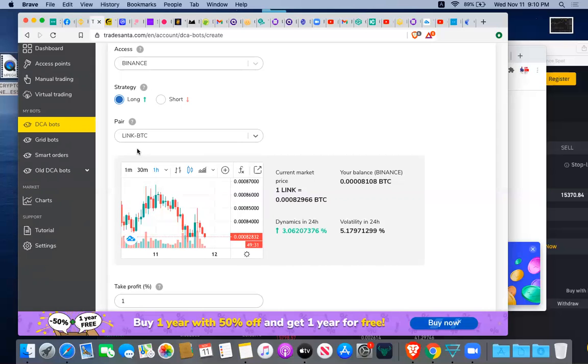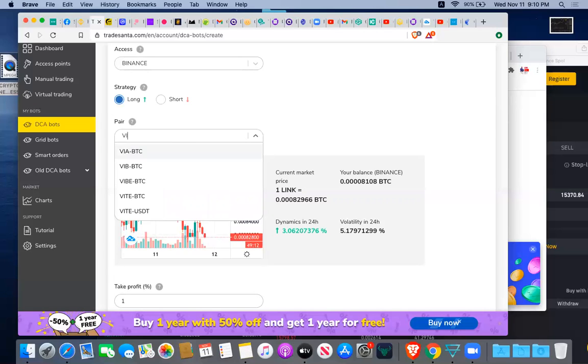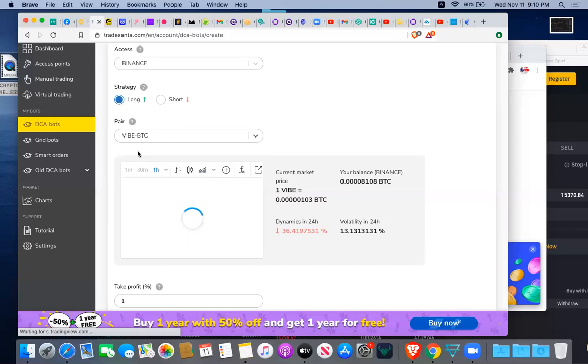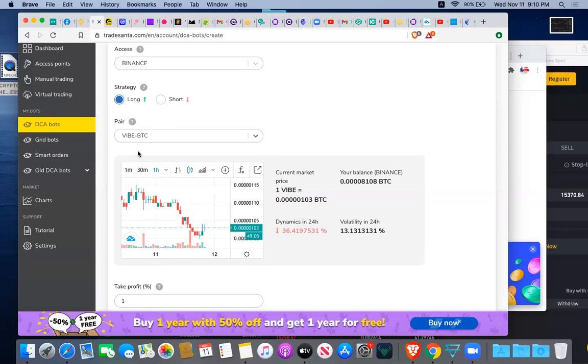Okay, let's say I want to go long on Vibe. Oh, fortunately, I do not even have enough BTC again, because I used my coin for different markets already on my Binance.